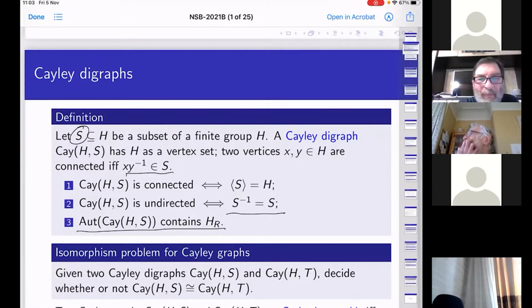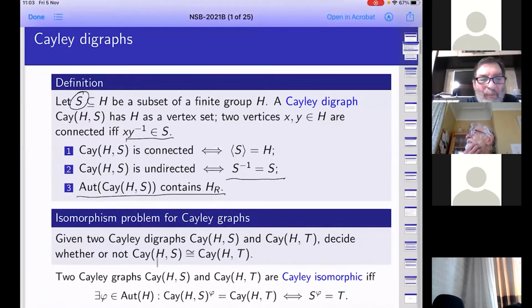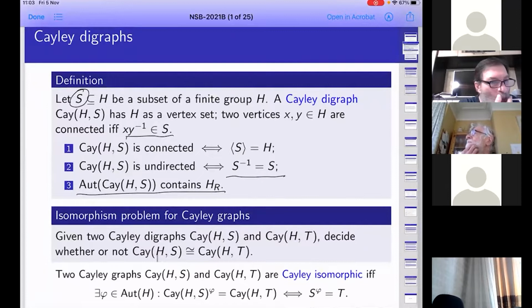Now, for Cayley graphs, there is a natural definition which is called a Cayley isomorphism. If I take an automorphism of my group and apply it to a Cayley graph, then I certainly will have a Cayley graph over the same group, which is isomorphic to the original one.